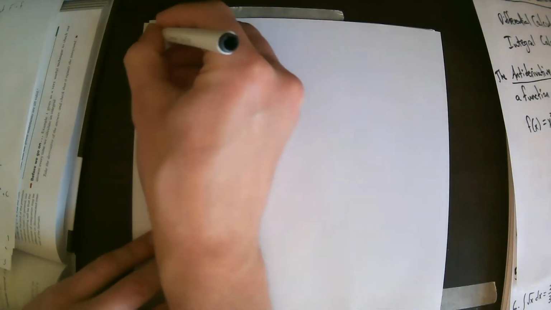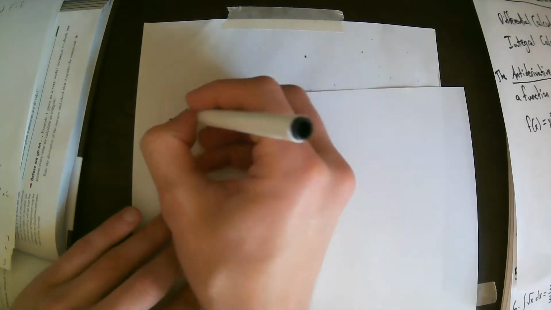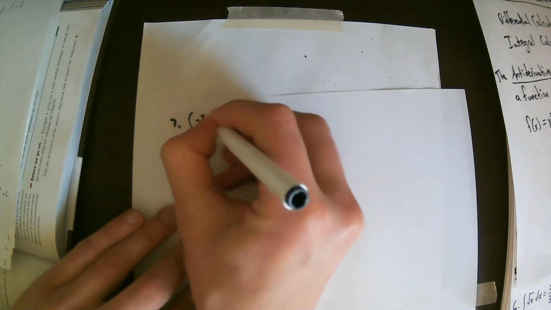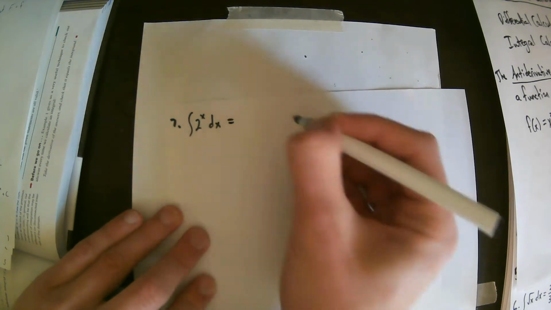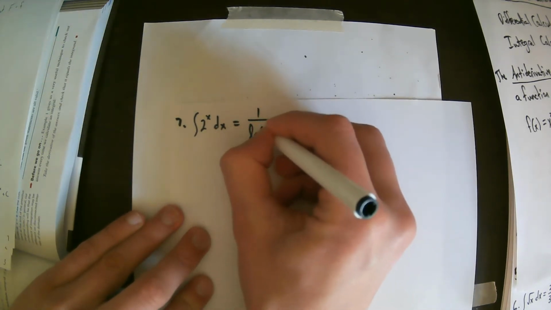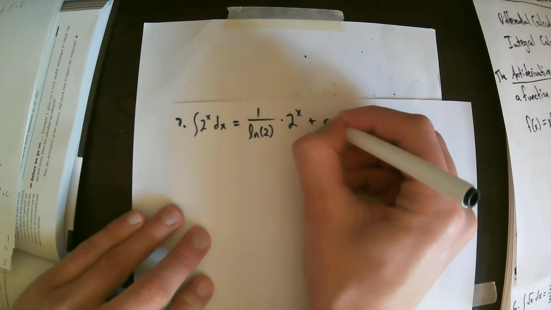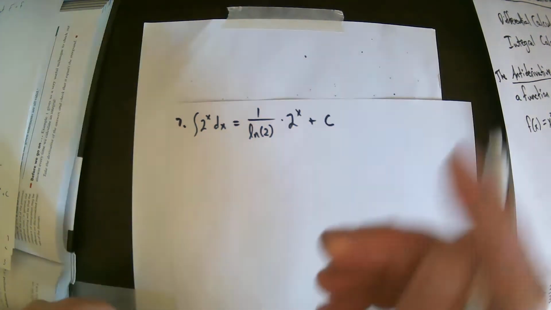I've got a couple more. Number 7 says the integral of 2 to the x, so an exponential function, dx, is equal to 1 over ln of 2 times 2 to the x plus c.